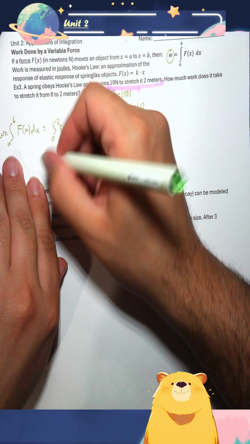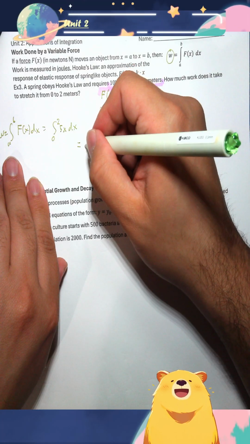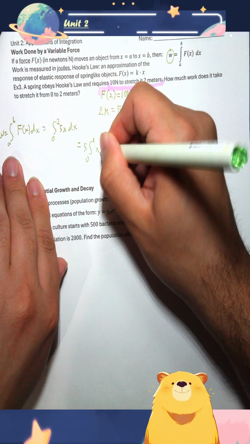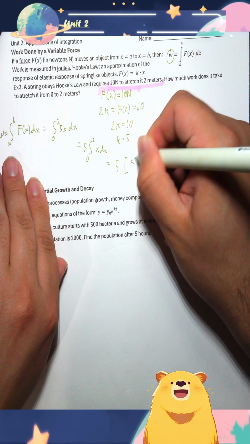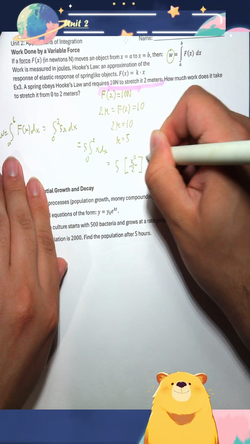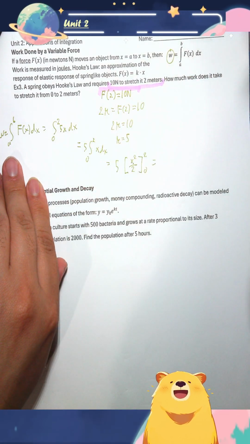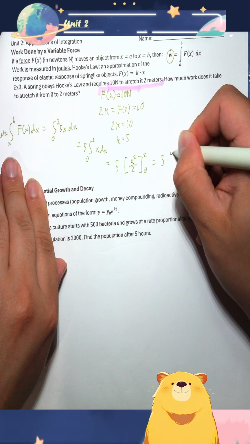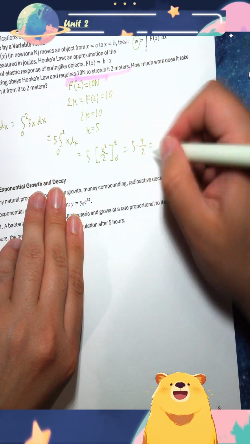Okay. Then from here, you could take out the 5. And then you do 5 bracket x squared over 2 from 2 to 0. Taking advantage of the fact that 0 will make the whole thing disappear, you're just going to plug in 2. 5 times 4 over 2, which I technically should have just done.